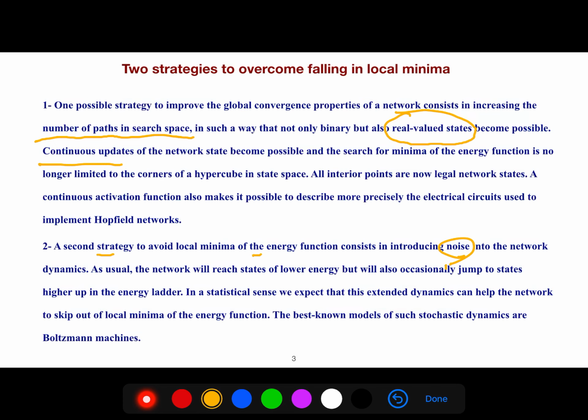The best known models of such stochastic dynamics are Boltzmann machines. And of course, the restricted Boltzmann machine was invented by Geoffrey Hinton. Everybody knows that. It's a very important thing. So we have local minima, and if we have noise here, it jumps into the global minimum, so it's very good.